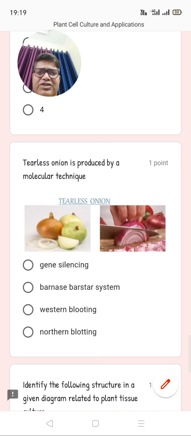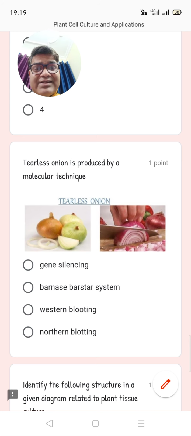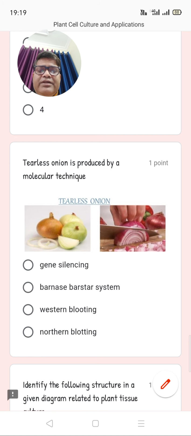Some character or gene is responsible for that. If you silence, meaning stop the functioning of that gene, and create such a transgenic onion plant, then when you use it as a vegetable, there is no chance of tear production.